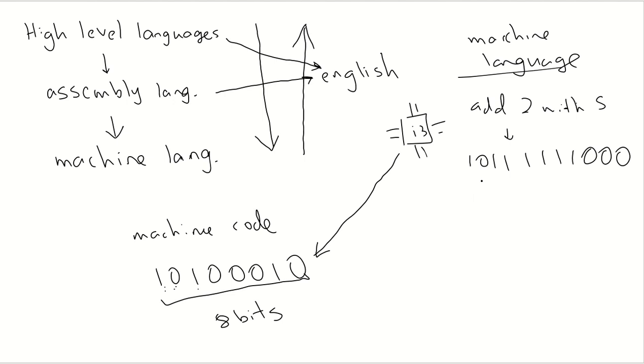It will understand this as, oh, you mean add 2 with 5? Okay, then it will take 2, add 5 to it, and give you an output of 7. This is machine language that only processors use. So if you want to talk with a processor, you need to know machine language.